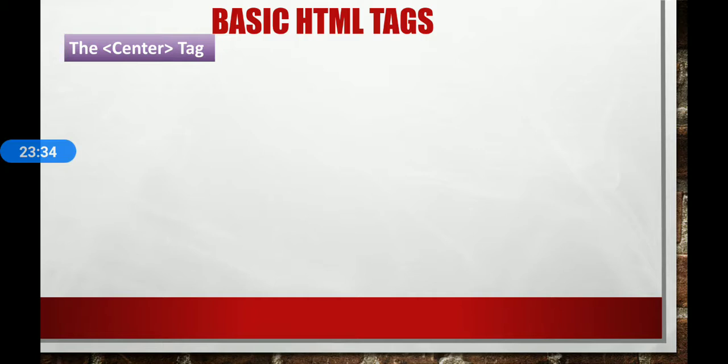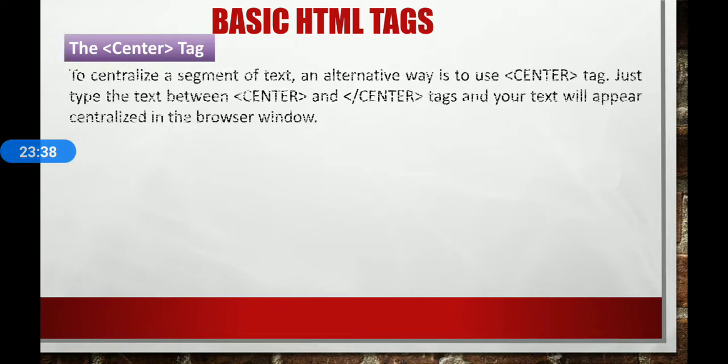Now next one, the center tag. To centralize a segment of text, an alternative way is to use the center tag. Just type the text between the center and the closing center tag, and your text will appear centralized in the browser window.